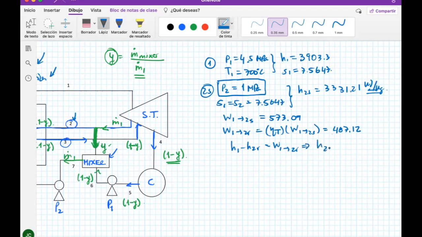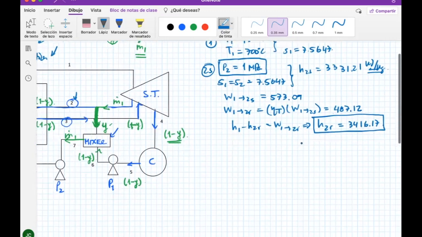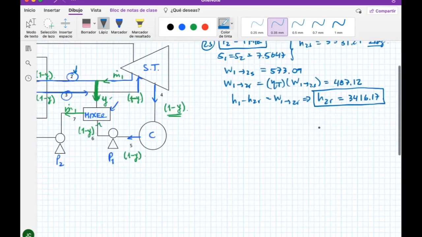So you can get from here the H2R that maybe you will need later. So this is 3,416.17. Okay, so that's the efficiency. No, this is not the efficiency. That's the enthalpy for the real point at the outlet of the steam turbine that is going into the reheat part. That's kind of what is going on here. Okay, so that's the drill.